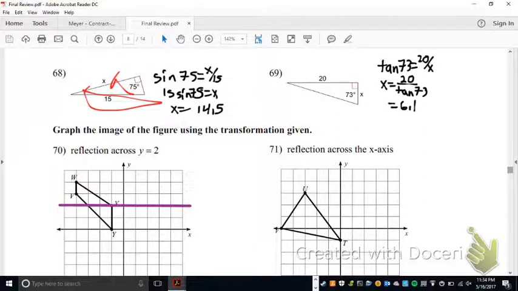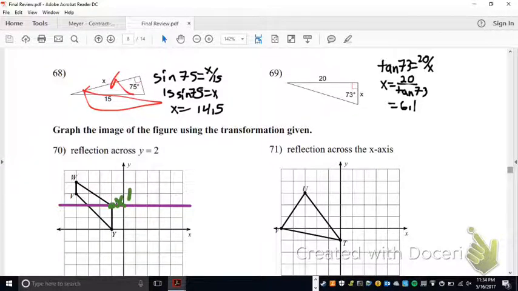Now, when we reflect them, the line that connects the image and the pre-image is going to be perpendicularly bisected by that line of reflection. So we're going to start with X because X is a little easy, and because when the point is on the line of reflection, its image is itself.